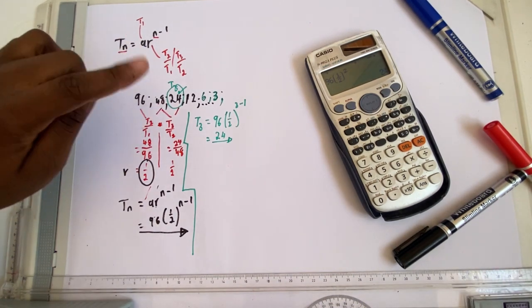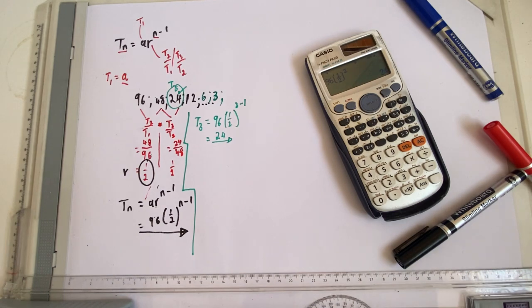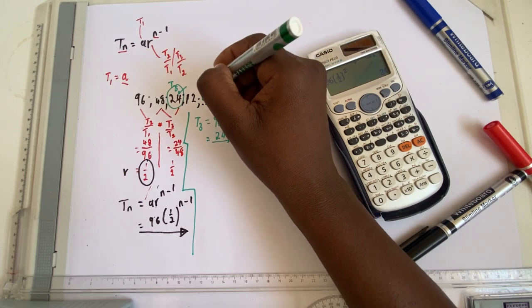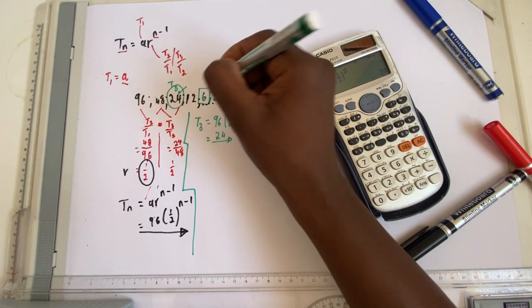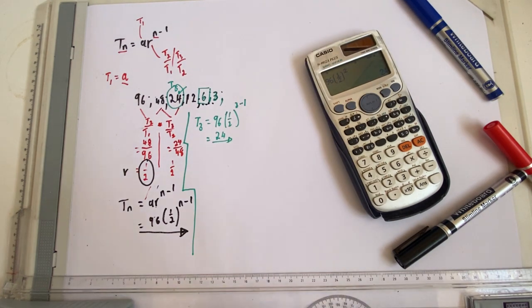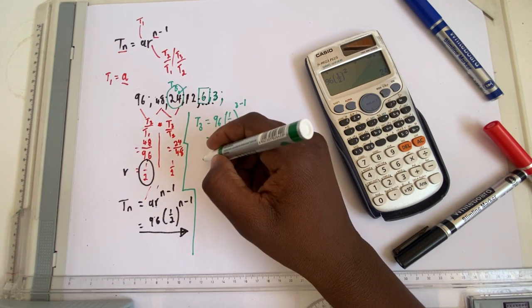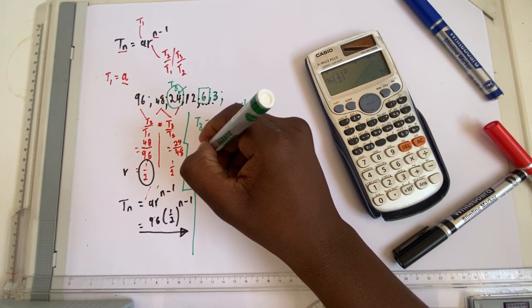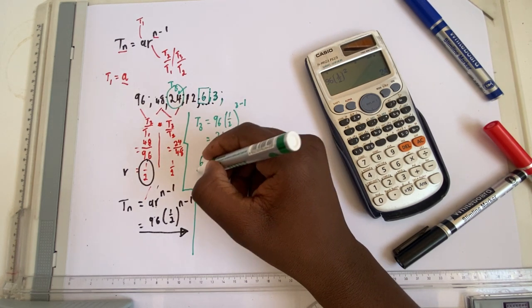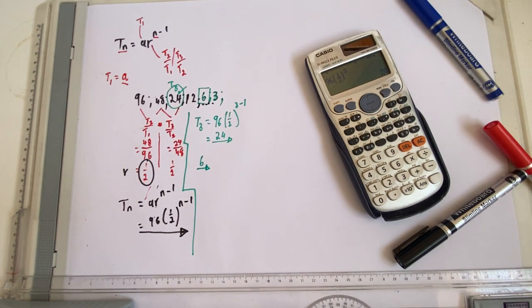Now that we have that out, that is what you can use. Let's say they show us this value right here, and it's 6. Yes, I get that it's 6, but they ask you, is 6 part of the sequence? Then they say prove it with calculations.